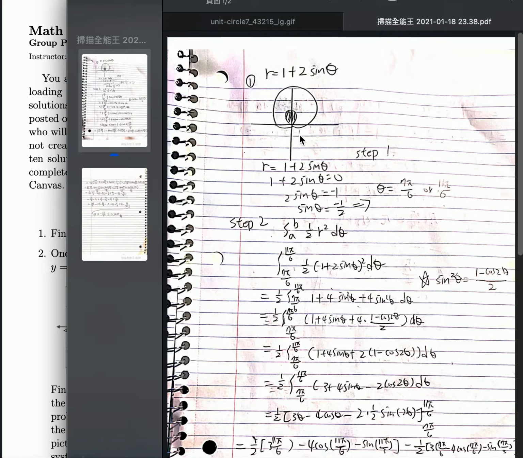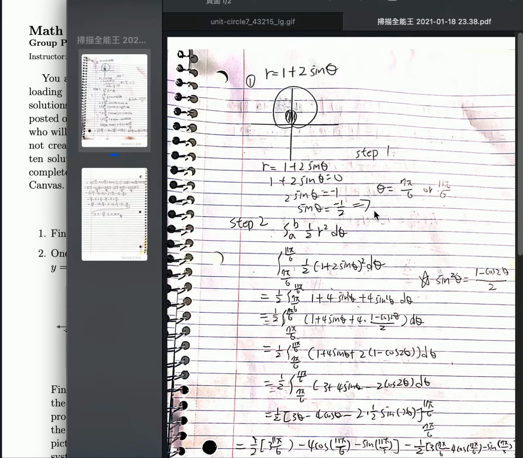So step 1, we need to find the theta values, where r equals 1 plus 2 sine theta equals 0. We move the plus 1 over, so 2 sine theta equals -1, and then we can figure out sine theta equals -1 over 2.